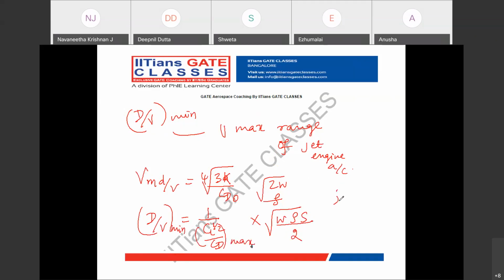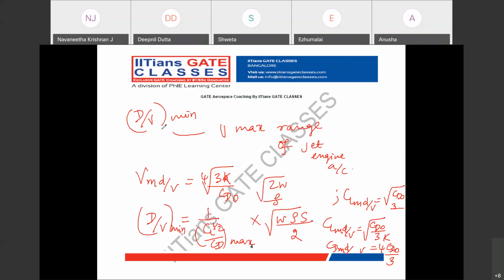From this, CL for minimum drag to velocity is nothing but root of CD naught by 3K. And CD for minimum drag to velocity is nothing but 4 by 3 CD naught.